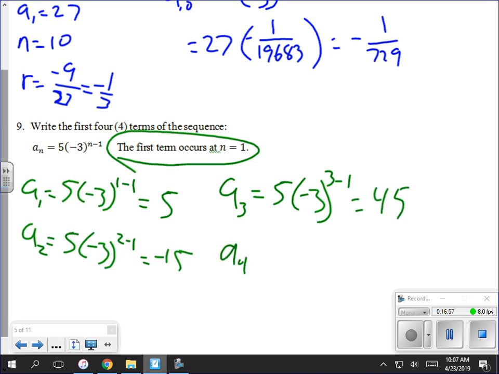And then a sub 4 is 5 times negative 3 to the 4 minus 1 power, and that equals negative 135. Plug in 1, plug in 2, plug in 3, plug in 4 for n in the formula and figure out what it is. And let your calculator do the heavy lifting.